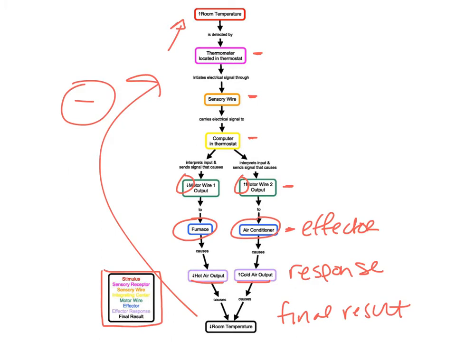You're going to have to identify the sensory receptor, the sensory neuron, the integrating center, the motor neuron, the effectors, because there's going to be multiple, the responses, because they're going to be multiple, and the final result, which results in negative feedback. And you are going to color code your assignment the same way I've color coded this example.